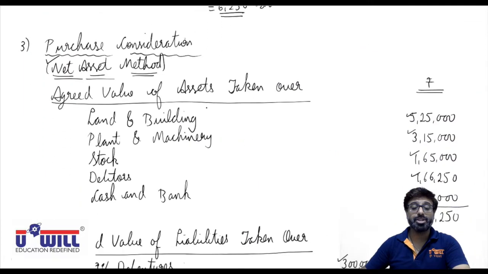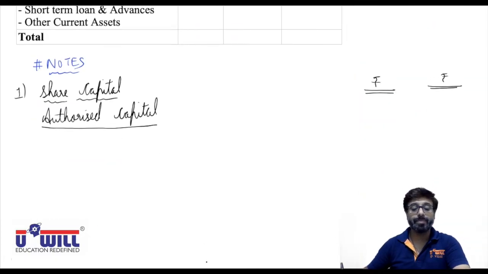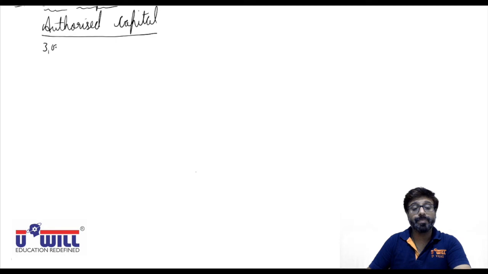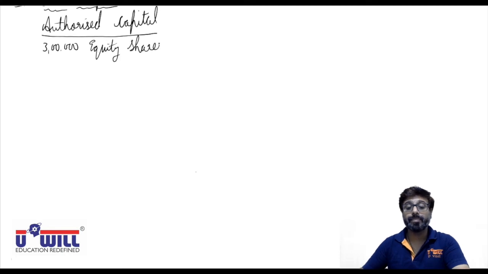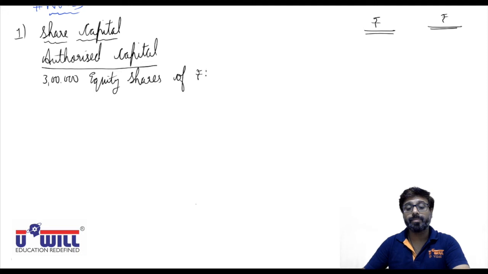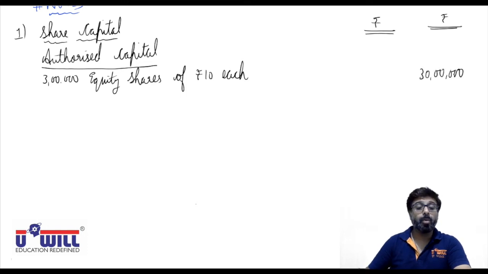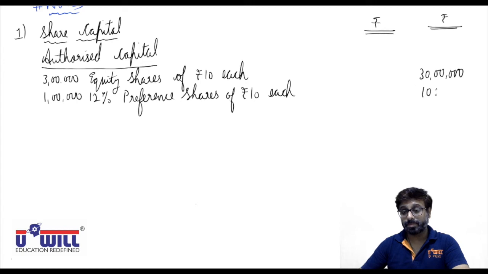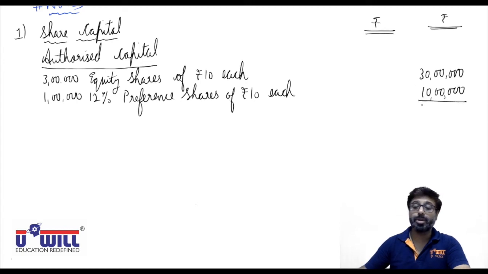Okay, so in authorized capital we'll mention 3 lakh equity shares of rupees 10 each, that is 30 lakhs, and 1 lakh 12% preference shares of rupees 10 each, that is 10 lakhs. Double underline, not to be included in the total.